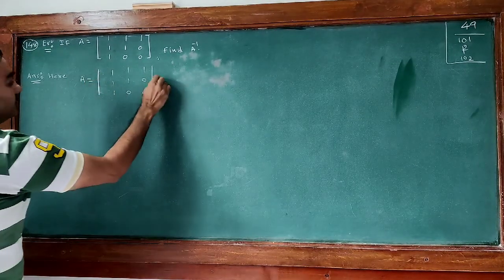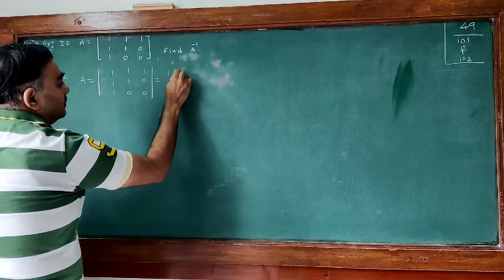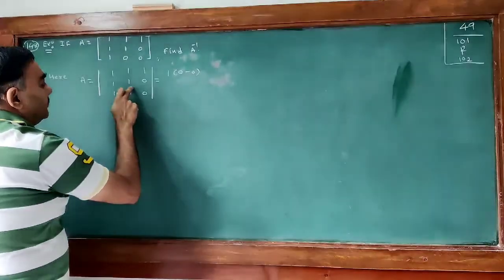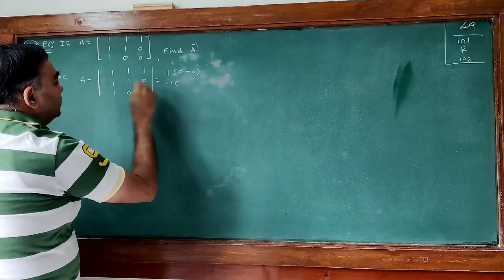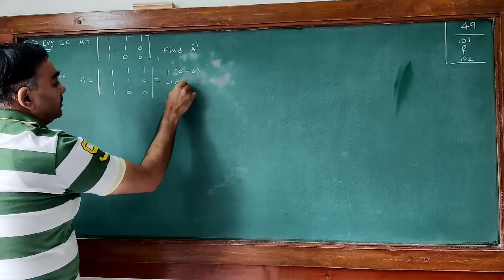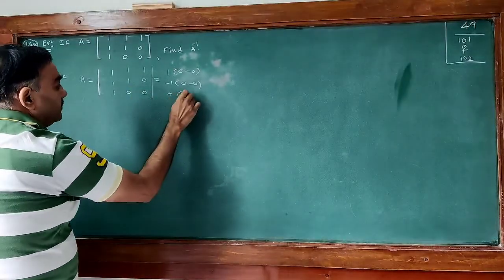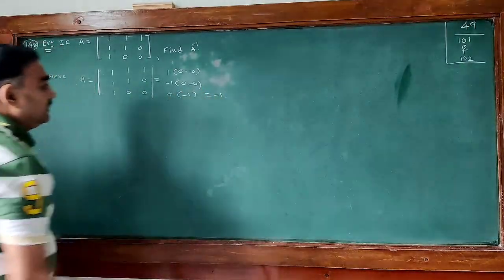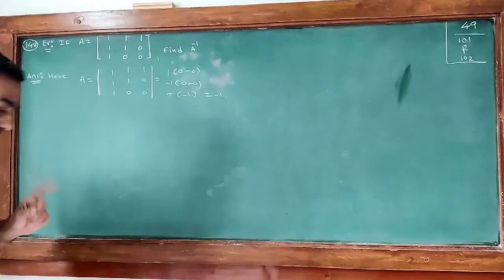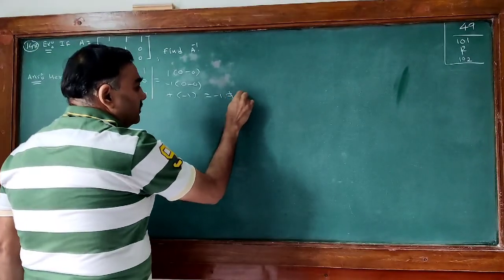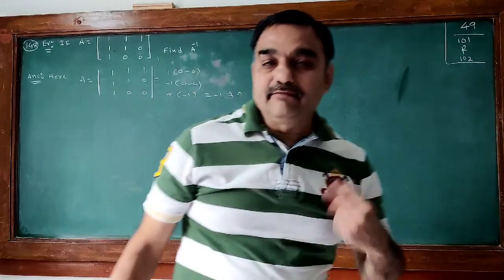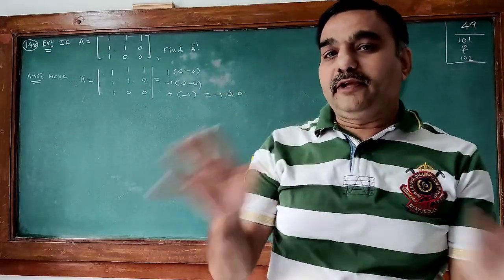It is equal to 1 times (0 minus 0), minus 1 times (0 minus 0), plus 1 times (0 minus 1). So the value of this determinant is -1. So the first requirement for its inverse is that the determinant should be not equal to 0.